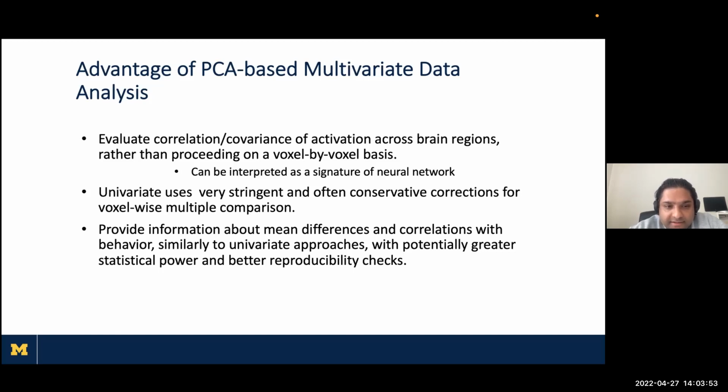It also provides information about mean differences and correlation with behavior, similar to what we get from the univariate approach, but it has greater statistical power and better reproducibility.